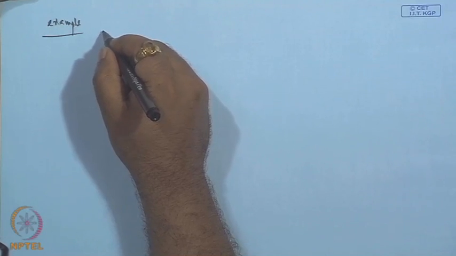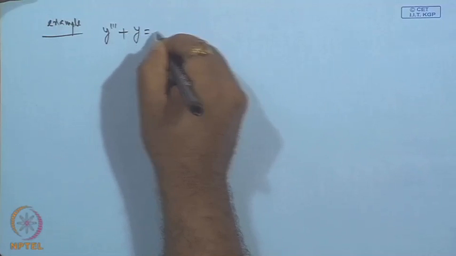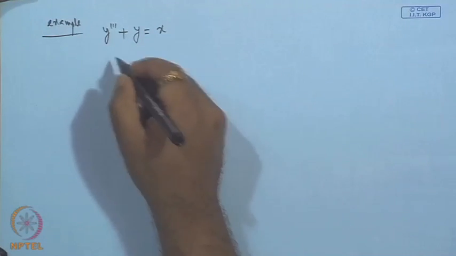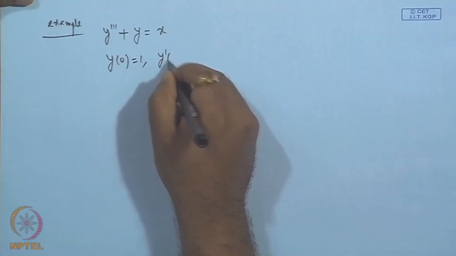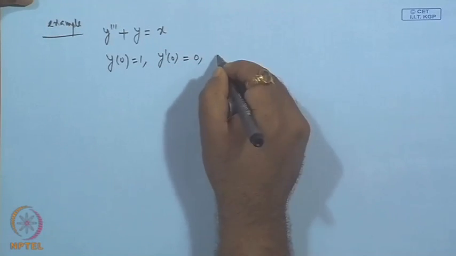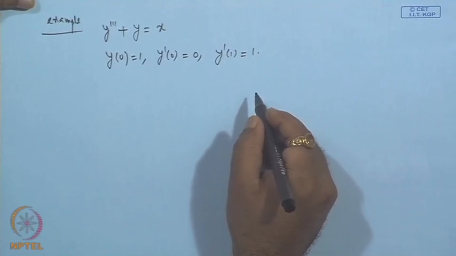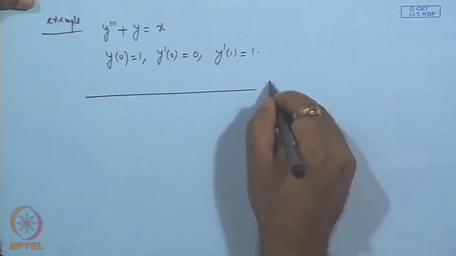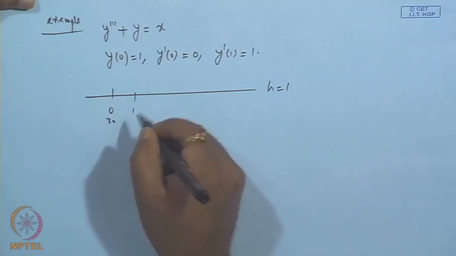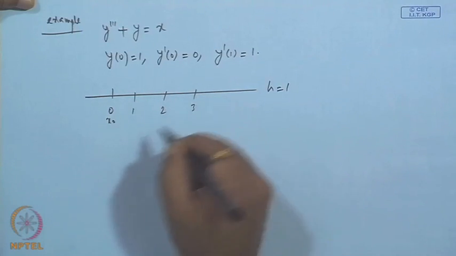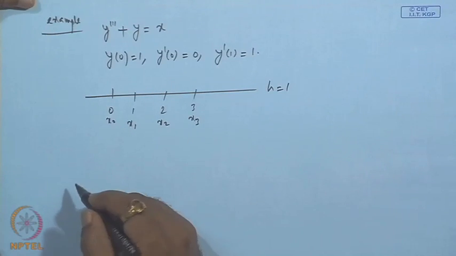So, the simplest one. Okay. So, for calculation purpose, I have taken h equals 1, say 0, 1, 2, 3. Okay.